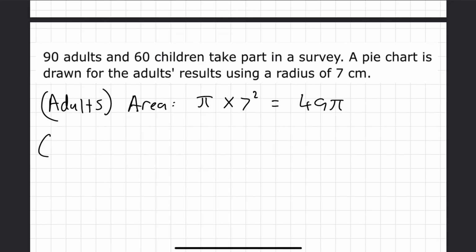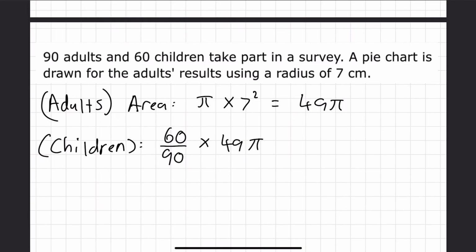Now let's think about children. We know for children, there are 60 children in comparison to 90 adults. So when we're trying to find the area for children, we're just going to take the area for adults and times it by 60 out of 90, which is 2/3 times 49 pi.